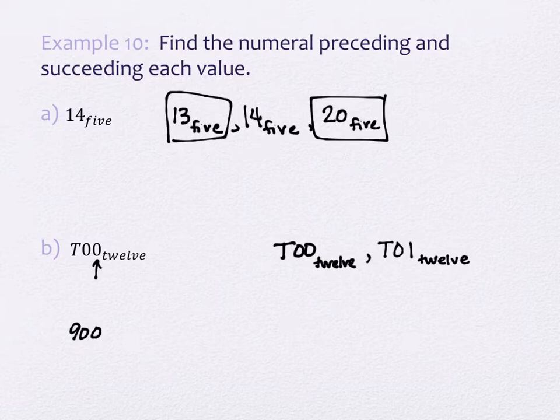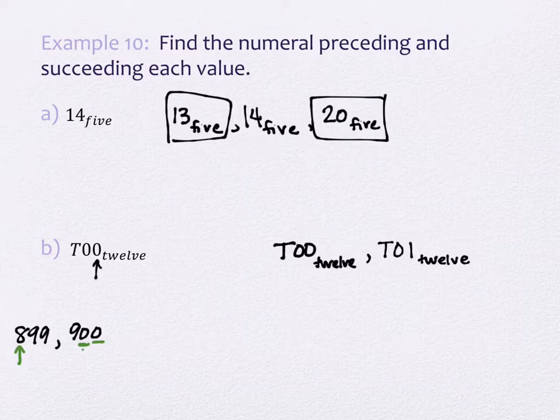Yeah, it's 899. Take a look at how the digits are working. The zeros at the end become 9s, the largest digit possible in that base. That's what 9 is. And the number at the beginning simply goes down by 1.